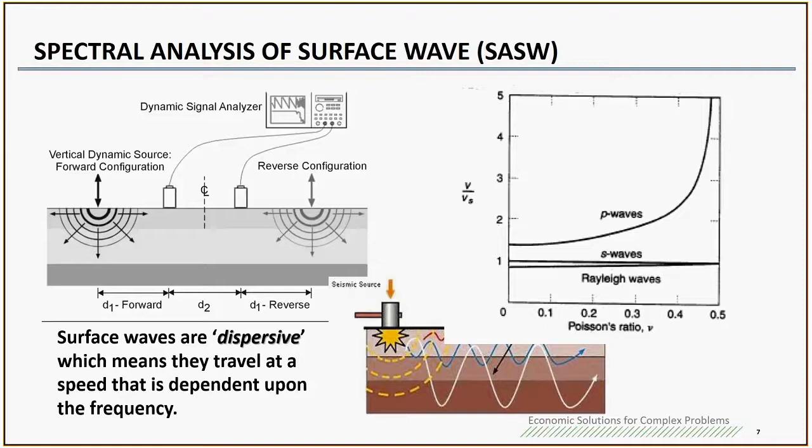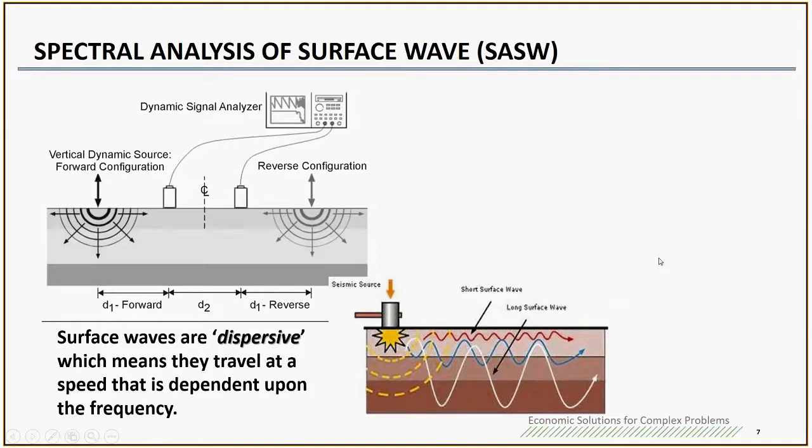The Rayleigh wave velocity, as you can see, is very similar to the shear wave velocity. So what they do is have a source at the ground surface, then they have an array of receivers at equal distance.